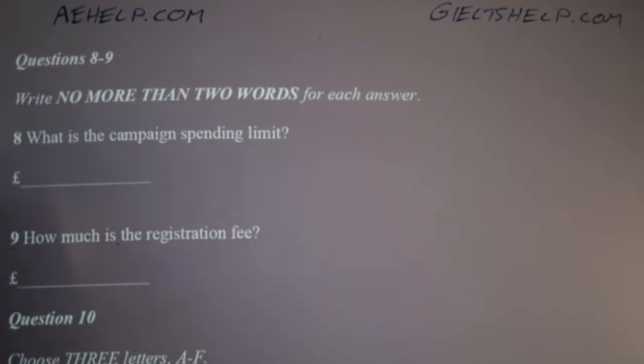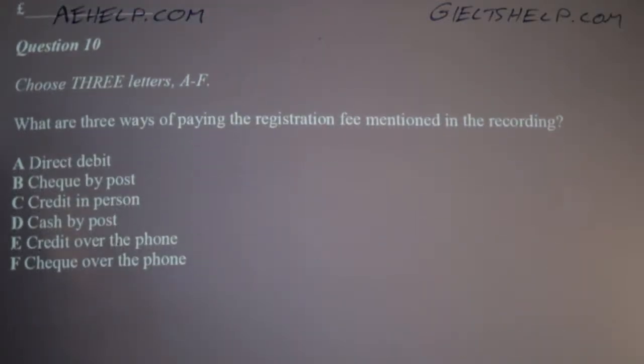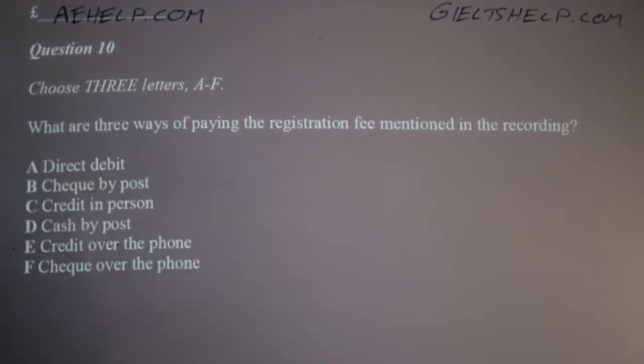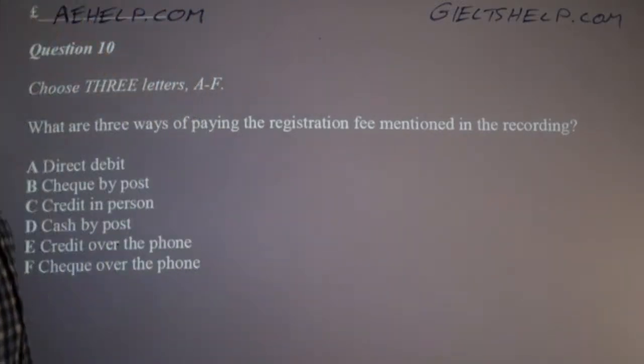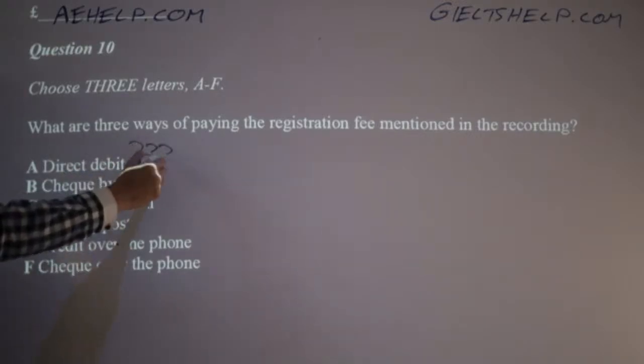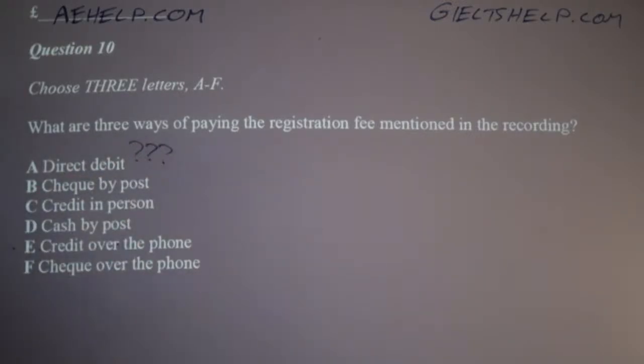Number 10, 1 question, 3 answers. You need all 3 correct. Use logic. Take some notes when you hear this kind of question. What are the 3 ways of paying the registration fee mentioned in the recording? Direct debit? Didn't really hear that. Check by post. Yeah, sending a check by post. That looks good. Credit card in person.